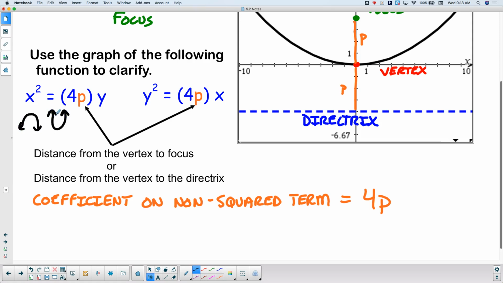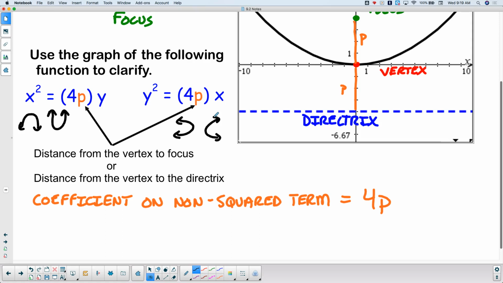Then for p, I would go from my vertex down 4 to get my directrix if it's up opening, or up 4 to get my directrix if it's down opening, and vice versa to get my focus. A y squared parabola is a left or right opening parabola, and so my p distance would be left and right.